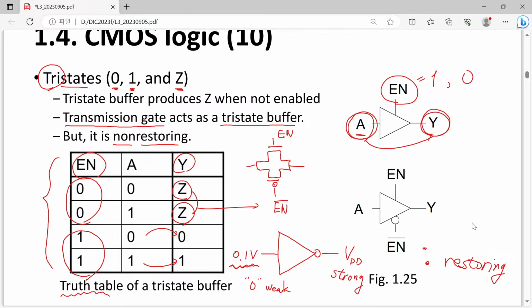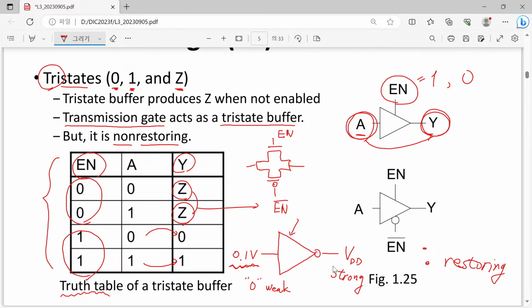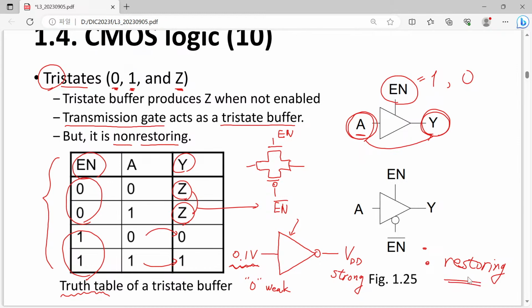Although your signal may become weaker due to unwanted signal called noise, after the action of this logic gate your signal becomes strong and healthy once again. This is called restoring, and it is quite good for immunity to noise signals. That is a quite desirable property.